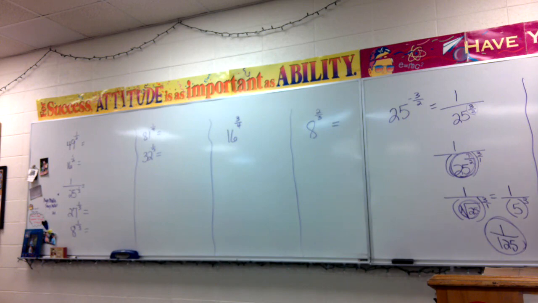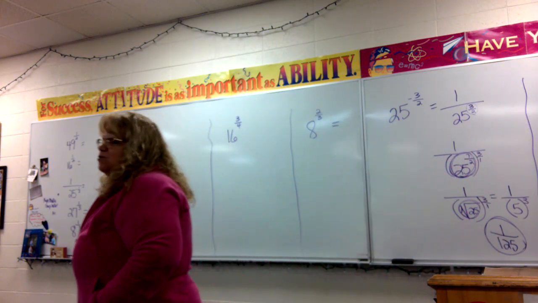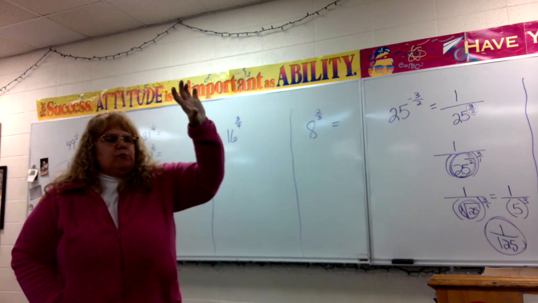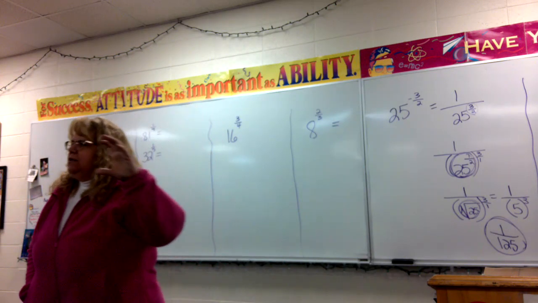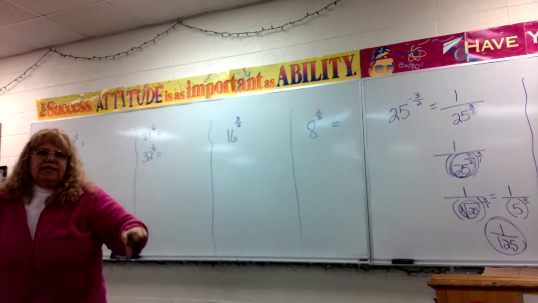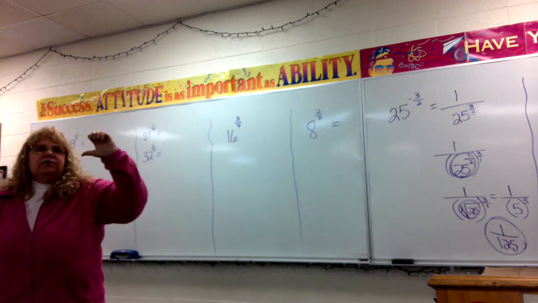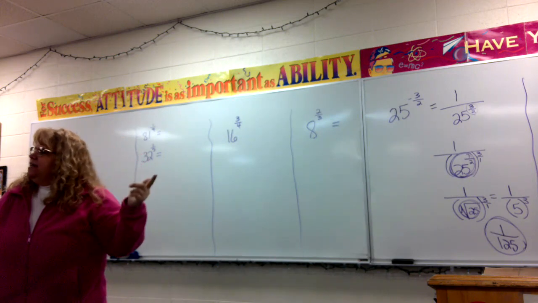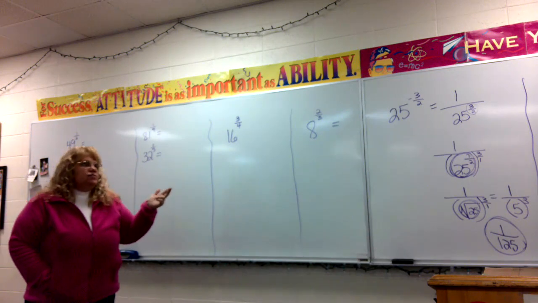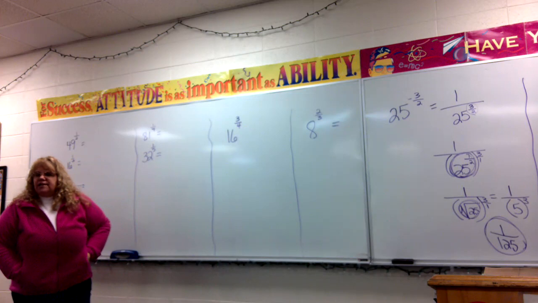What is anything to the 0 power? 1. And then this year we have worked with negative exponents. If you have a negative exponent in the numerator, what do you do with it? Bring it to the bottom. If the negative exponent is in the bottom, you bring it to the top. So we worked with positive exponents, negative exponents, 0 exponents. Today, eventually, we're going to work with some fraction exponents.